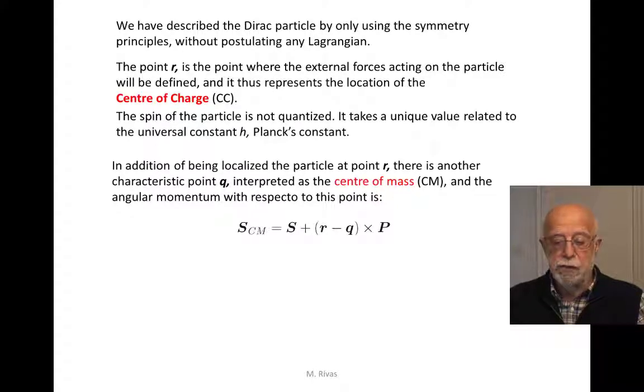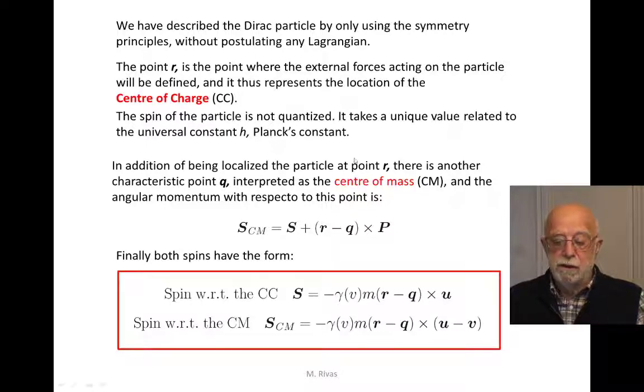So the angular momentum with respect to the center of mass will be the angular momentum with respect to the center of charge plus the separation cross the linear momentum of the corresponding reference frame. In the general formalism, we can express both spins similarly as the linear momentum and energy in terms of the position of these 2 points and the velocities of these 2 points in this form.